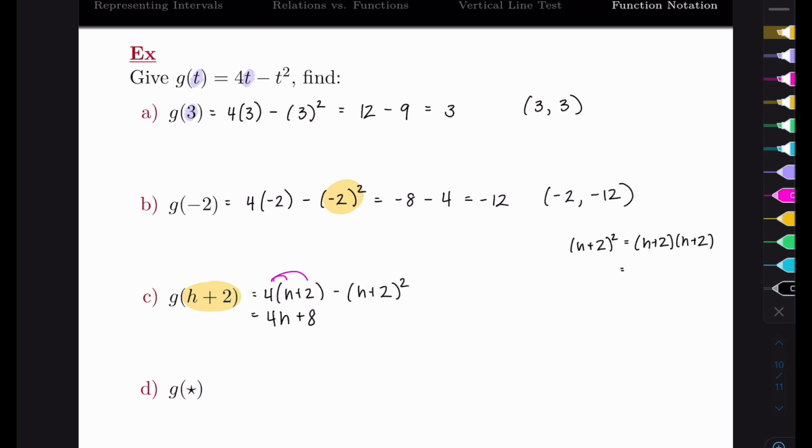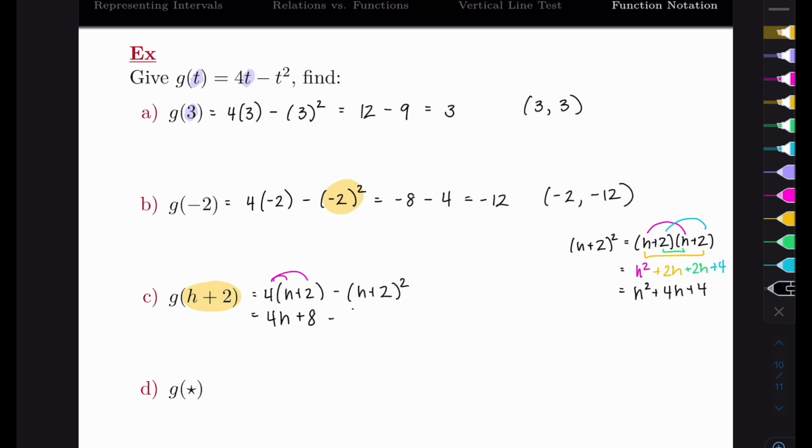So if we want to do this, we have to FOIL. So our first terms would be h squared. The outer is 2h. The inner is also 2h. And then the last is plus 4. So this condenses to h squared plus 4h plus 4.